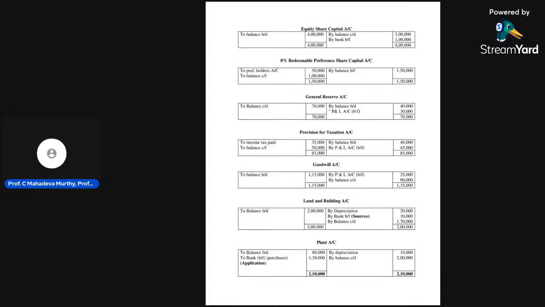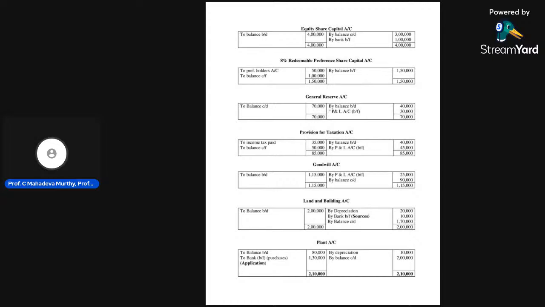The total is 4 lakhs, the difference is 1 lakh, that we call by bank. In bank we need to consider 1 lakh.